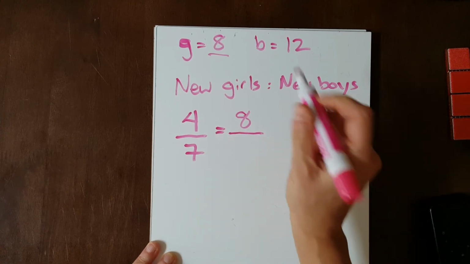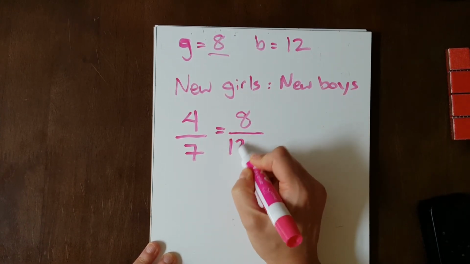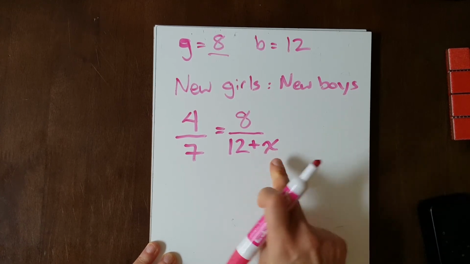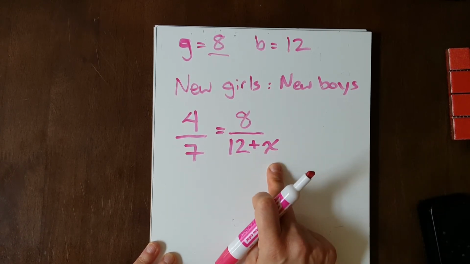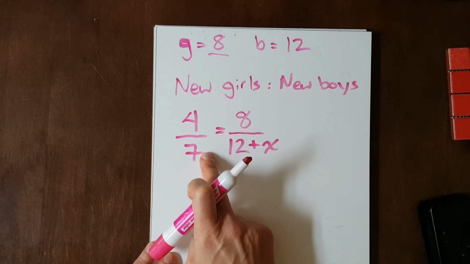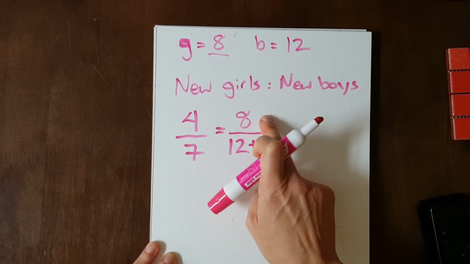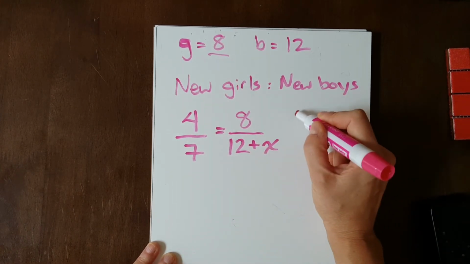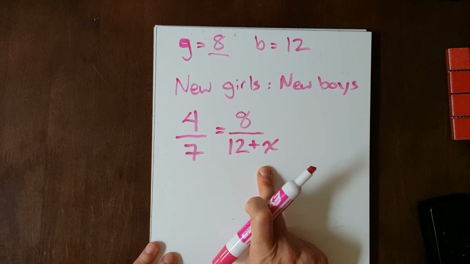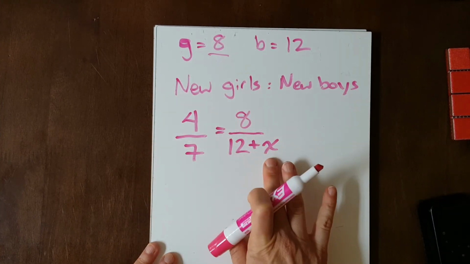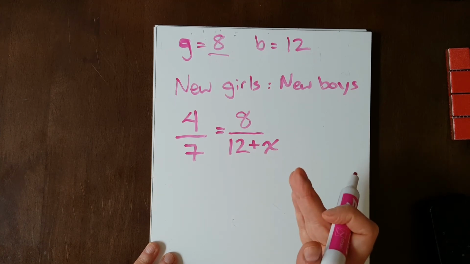Then we know our boys have changed. They are 12 plus however many came in. So now we have our new girl ratio to a new boy ratio, and our new girls are 8 and our new boys are 12 plus X, where X, as we said before, is equal to the boys added. Here we can solve for X by doing cross multiplication as well.